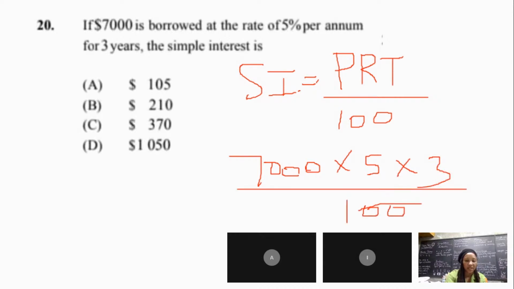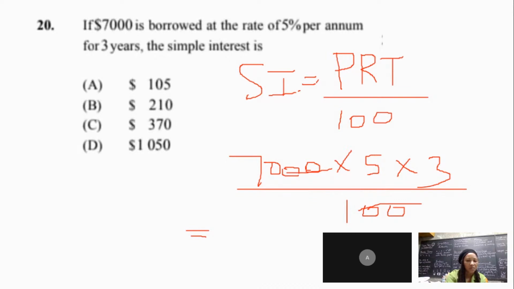Those two zeros cancel these two. 70 times 5 is 350, times 3, so that's $1,050.